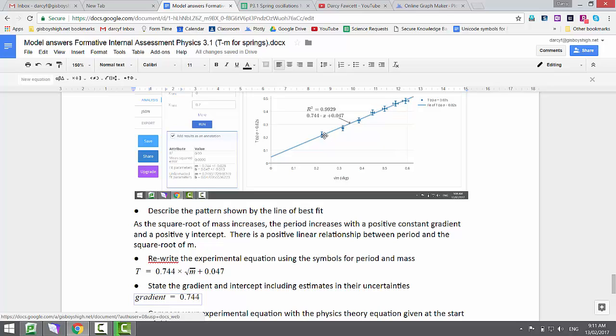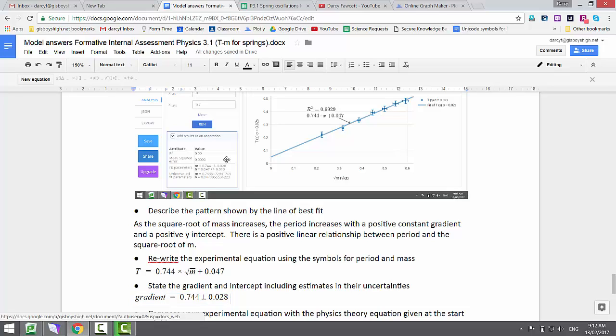It doesn't have to go through the center. But the really awesome thing is if you have a look in here, it tells you what it is. These values right here, the gradient is 0.744 plus or minus 0.028. In other words, the gradient has variation in it by that much.